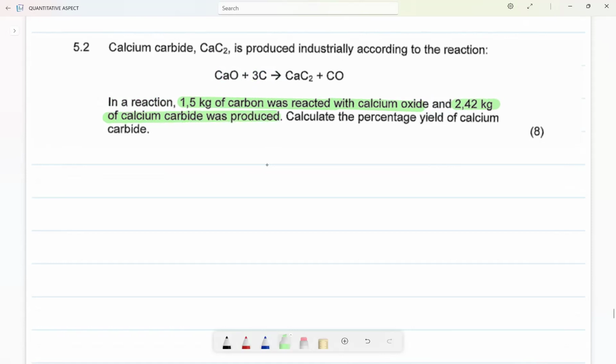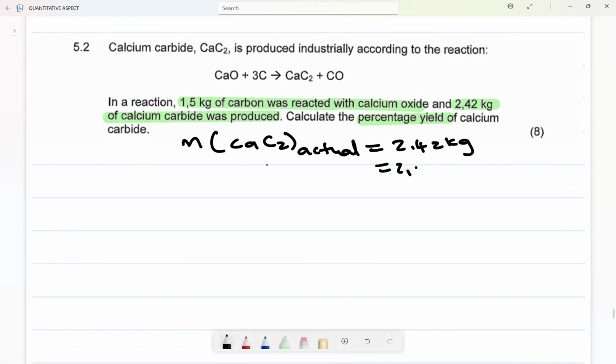Remember, we want the percentage yield of calcium carbide, so it means the one that is produced. So we now know the actual mass of calcium carbide that was produced: 2.42 kilograms.